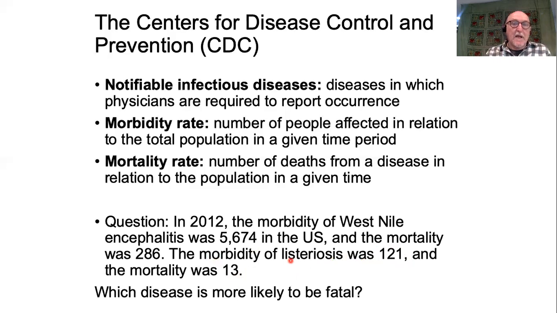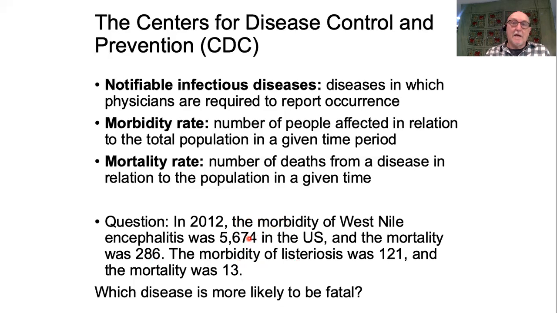Well, West Nile produced 286 fatalities. Listeriosis was only 13. So on the face of it, it looks like West Nile encephalitis is more likely, right? But when you work these out as a percentage, you remember, we have to look at the mortality in relationship to the morbidity.